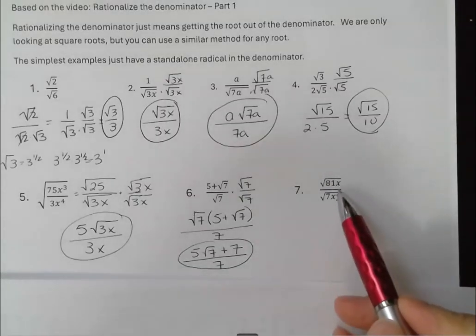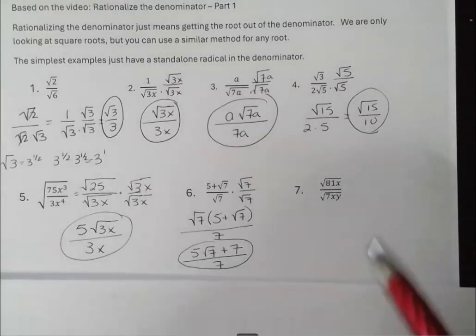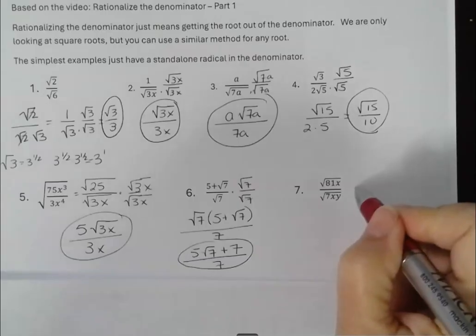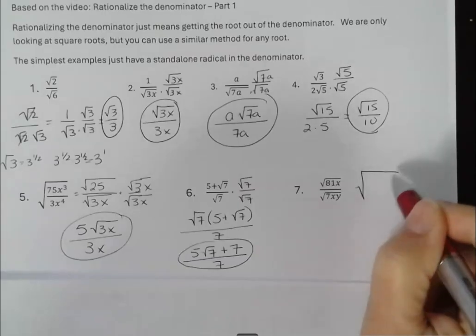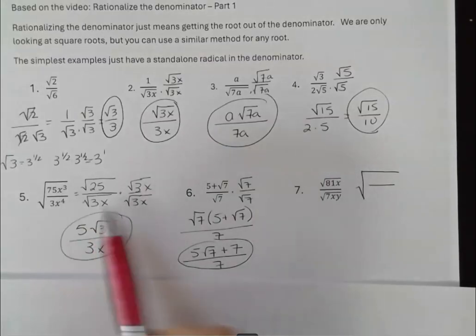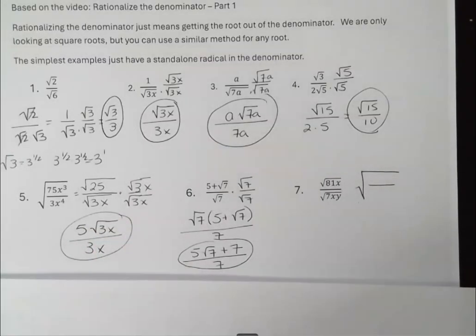Here I can see that I have the square root of 81, which I could make 9. And then I can always think of this as rewriting it back under one radical like this. I can separate them, or I can put them back together, as long as they're both square roots.